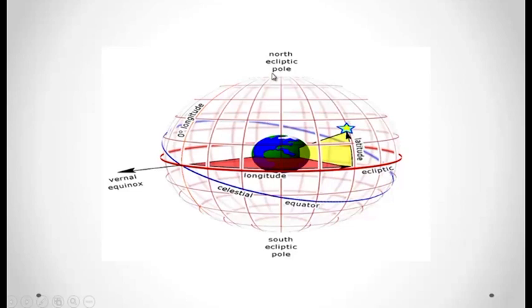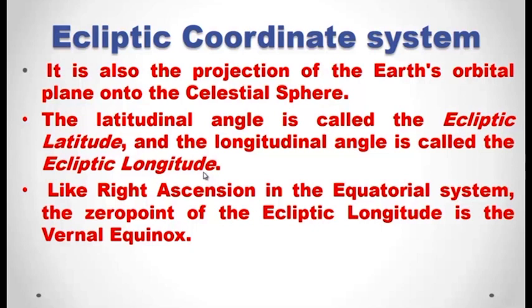Then the 0 degree longitude, north ecliptic pole and south ecliptic pole, and this is the latitude. So, in this ecliptic coordinate system, ecliptic latitude and ecliptic longitude are the coordinates used to locate the position of a celestial object. It is also the projection of Earth's orbital plane onto the celestial sphere.